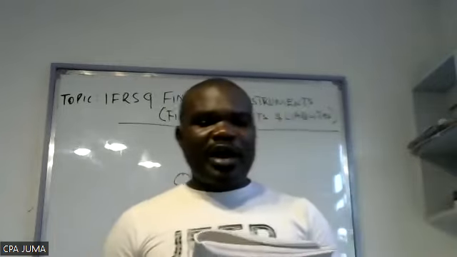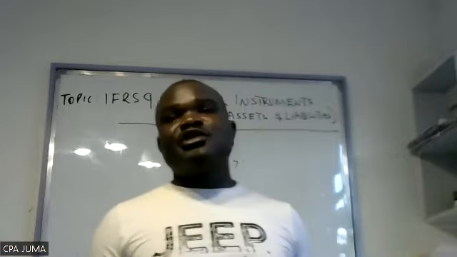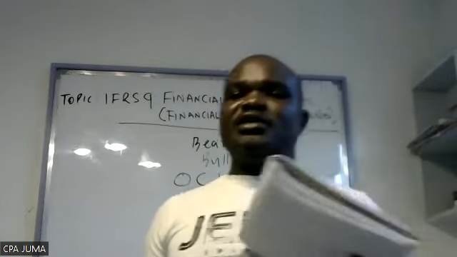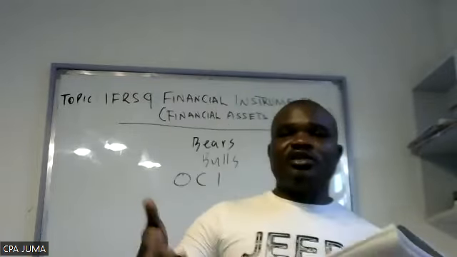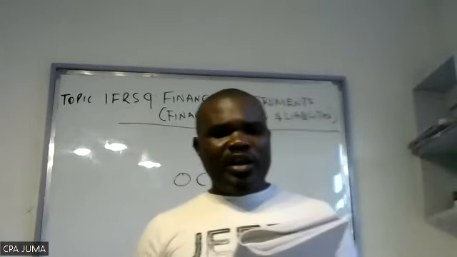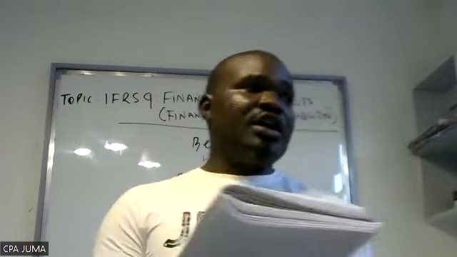Upon expiry of the contract period, so if the bond was going for 5 years and the 5th year has elapsed, you remove it off the books. When the instrument has legally been transferred to a third party, yes, Aisha, you can transfer the contract to another party, maybe to George, or to someone else. When the entity has been prohibited from selling or pledging the initial asset.